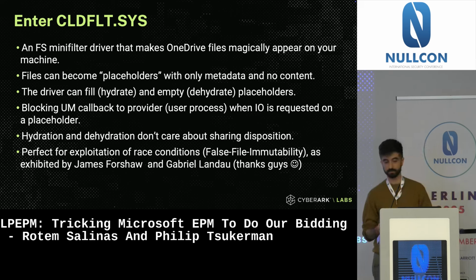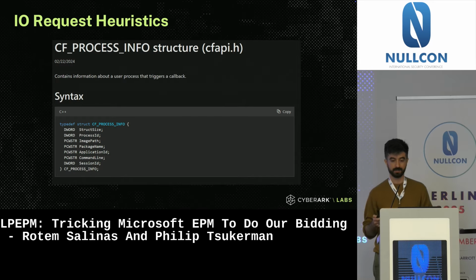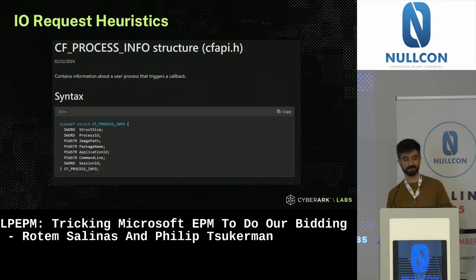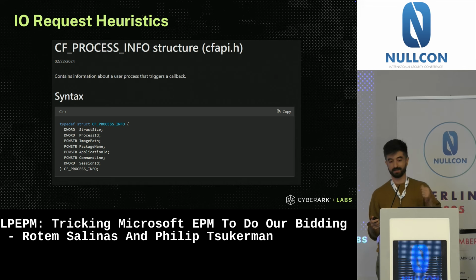And to make this thing possible, or at least plausible to win, we have a secret trick, which is the process info structure that's used by the sync provider. Whenever you receive a callback that tells you, hey, this file needs bits, we need to satisfy an I/O request right now, you can configure your provider to receive process info.